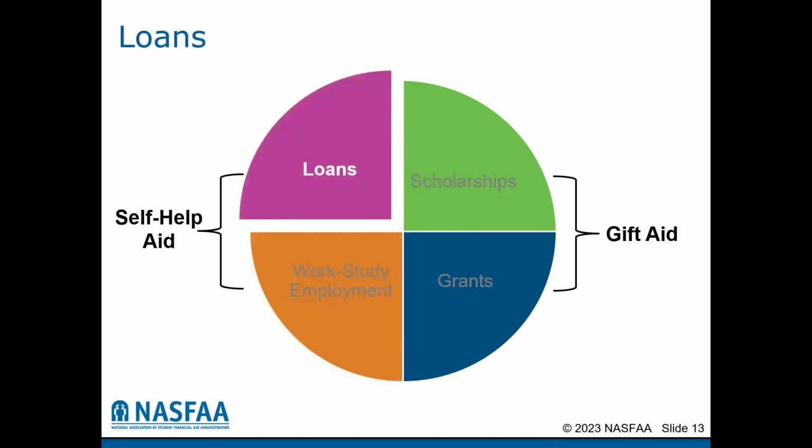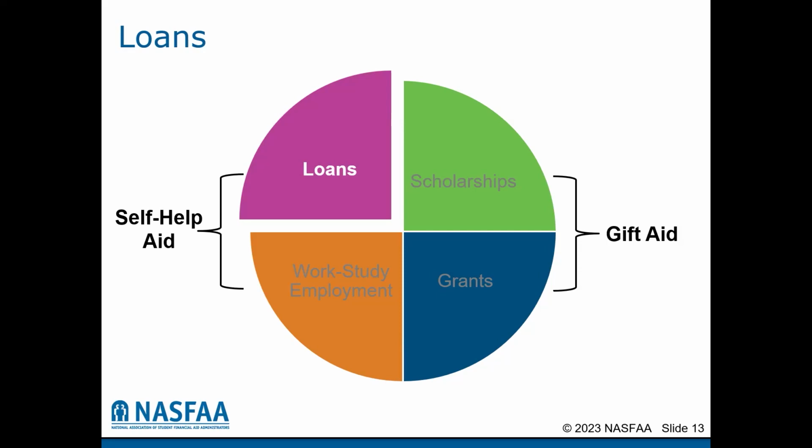The second kind of self-help aid are loans. Loans are money a student or parent borrows to pay college costs, which must be repaid with interest. Many consider loans an investment in the future of their education or child's education.